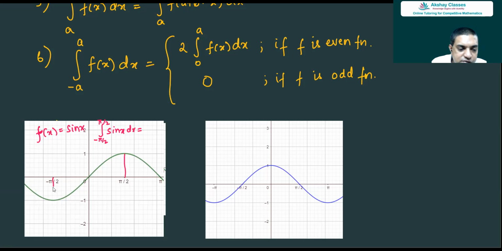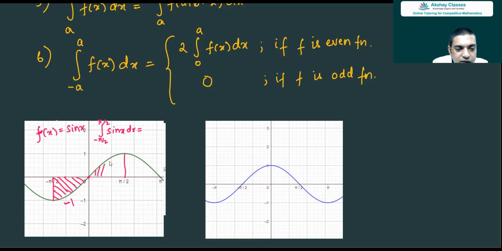Odd functions, we know, are symmetric about the origin. The graph of odd functions lies in the opposite quadrants, and they're symmetric about the origin. So what happens to this integral value here? We know that this portion we have calculated, the value will be 1, but because it is below the x-axis, the value will be minus 1.